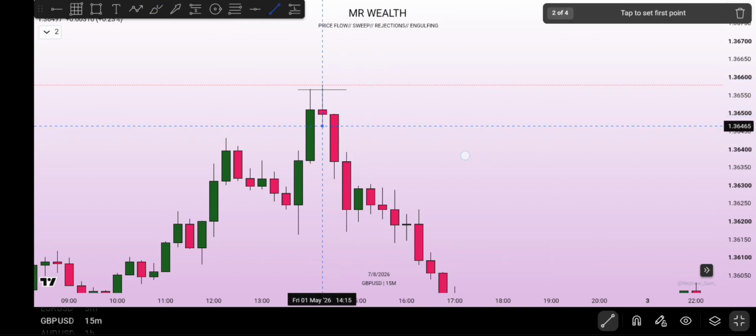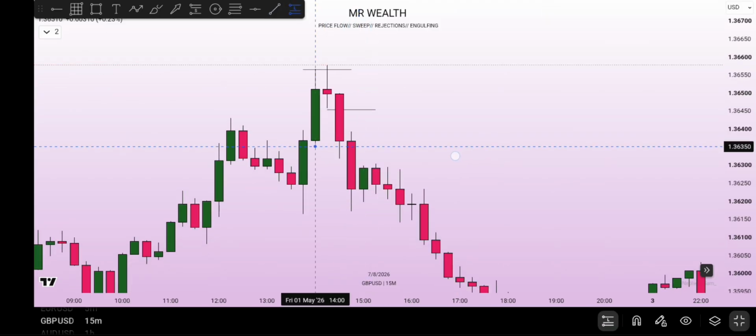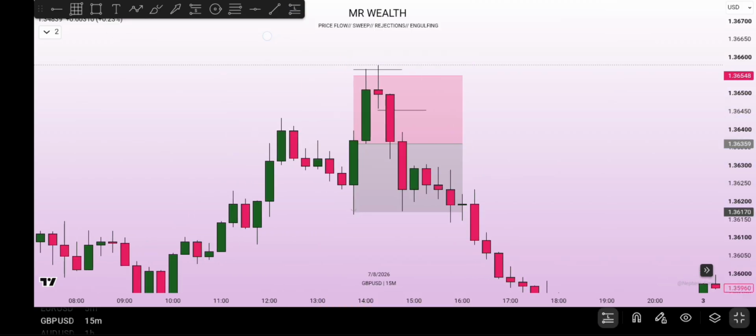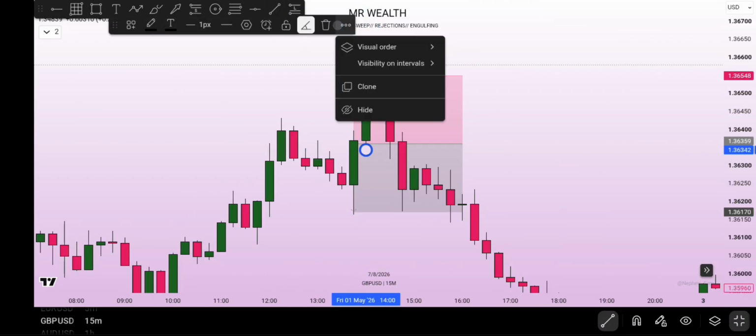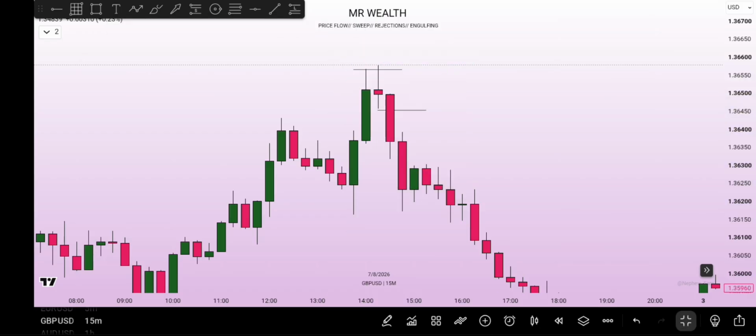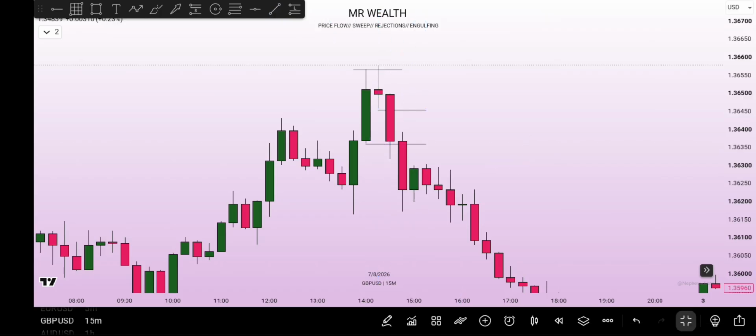Then this candle engulfed it. You can see something that happened here. After closing below this guy, the market did not come back.